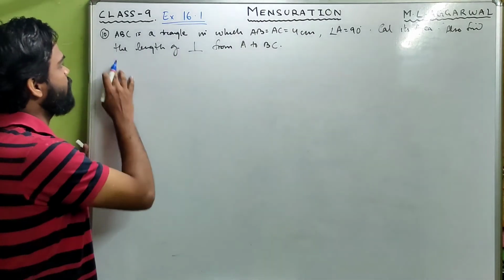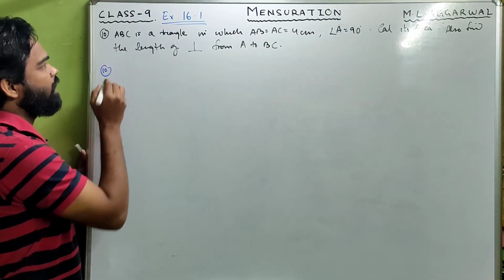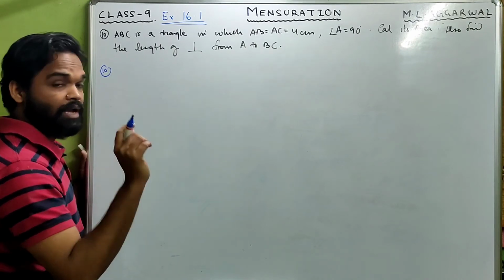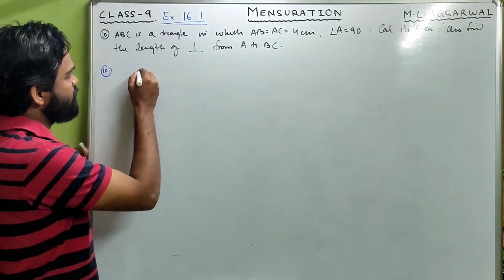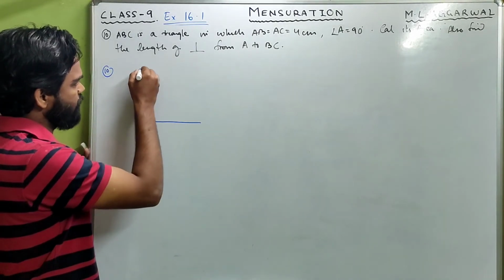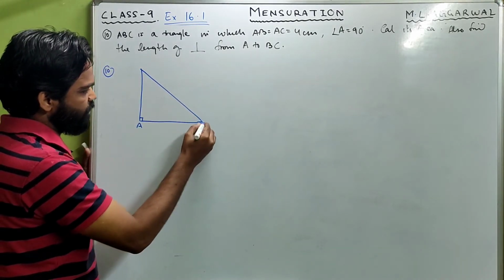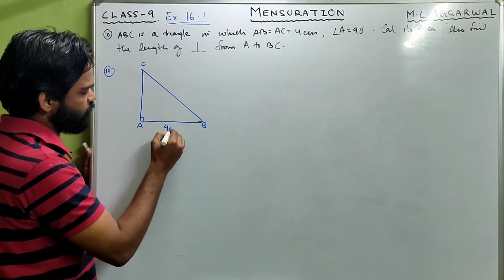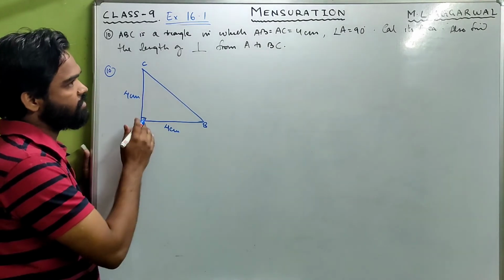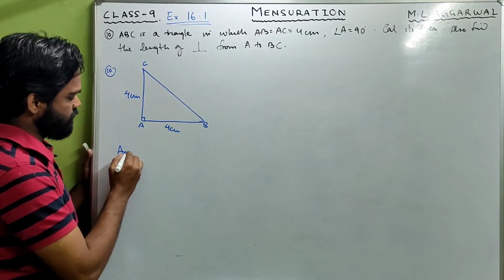Now look at this sum number 10. ABC is a triangle in which AB equals to AC, 4 centimeter, and angle A is 90 degrees. So it's definitely a right angle triangle, right angle at A. So this is your B, this is your C, this is 4 centimeter, this is also 4 centimeter. Calculate its area. Very easy, see.